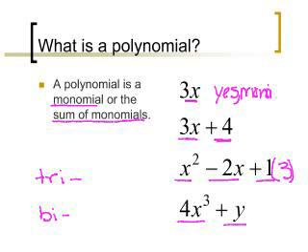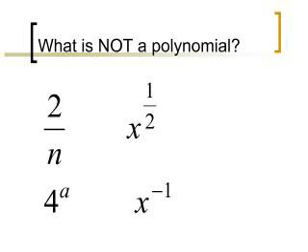All right, so let's look at an example of things that are not polynomials. So this first one we have is 2 divided by n. This is not a polynomial because the monomial cannot have a variable in the denominator. So right here, that cannot happen, so this makes this not a polynomial.